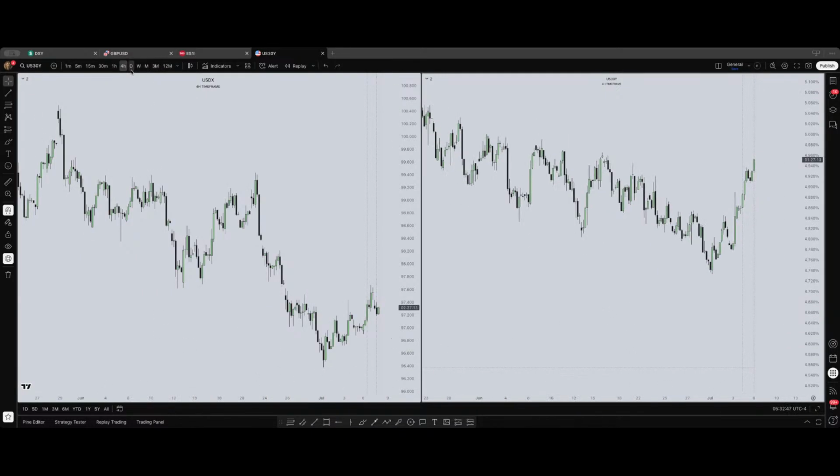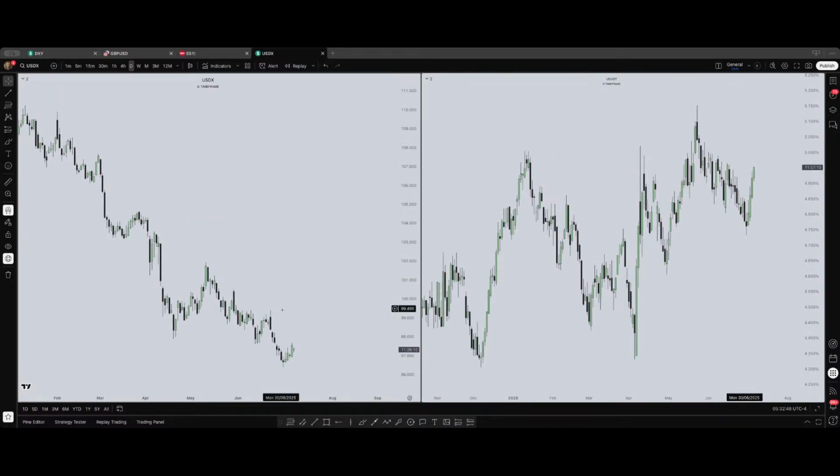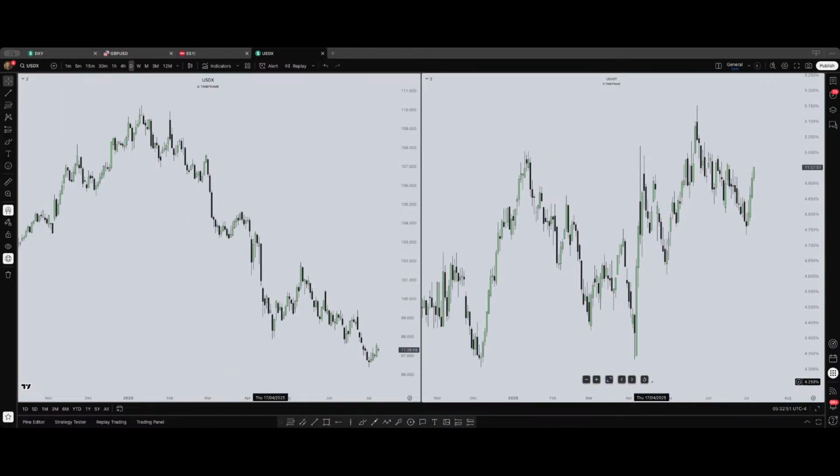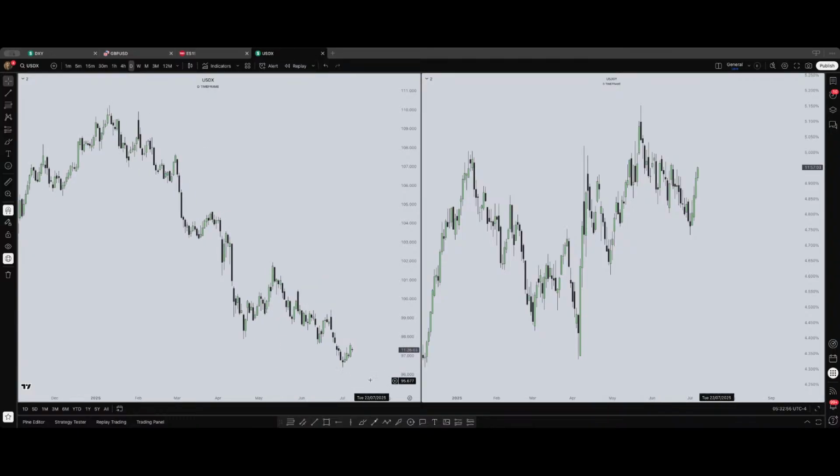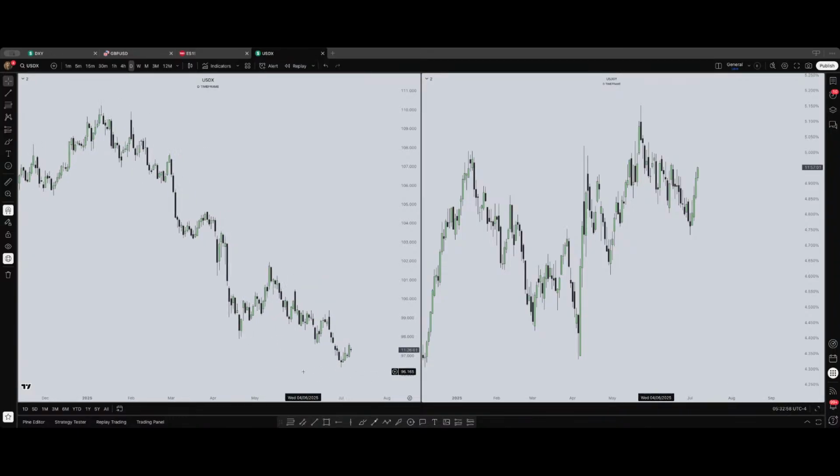Ah, okay, so daily. I see a divergence. Well, it's not a divergence, it's like just asymmetry.